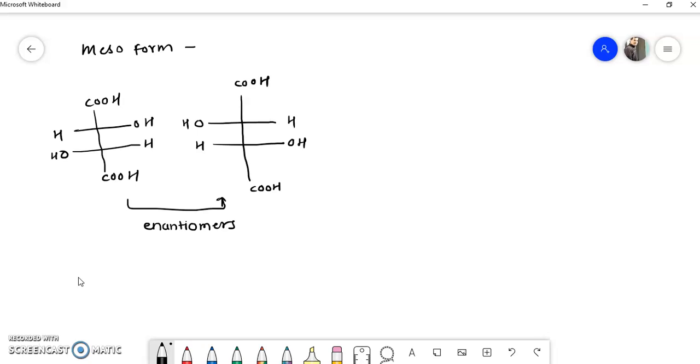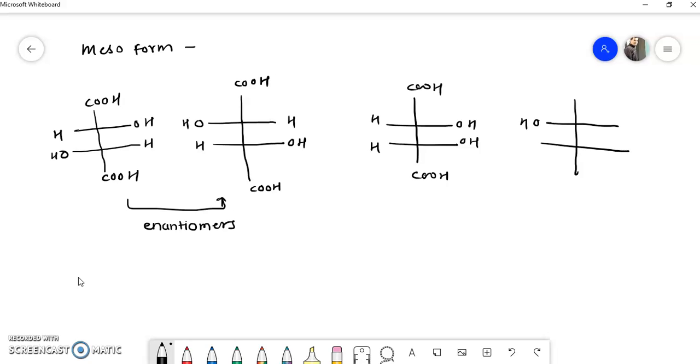But if we draw the structure in this way, suppose here is OH, here is also OH, COOH, COOH, H and H. Or if we draw the structure in this way: OH, OH, COOH, COOH, H and H. Now you see, if we cut this molecule in this way, we get two equal parts.